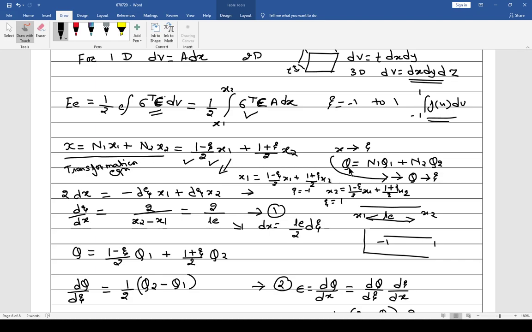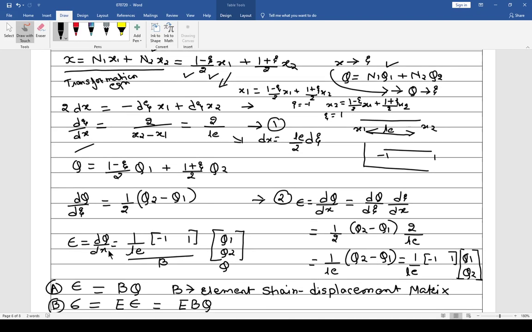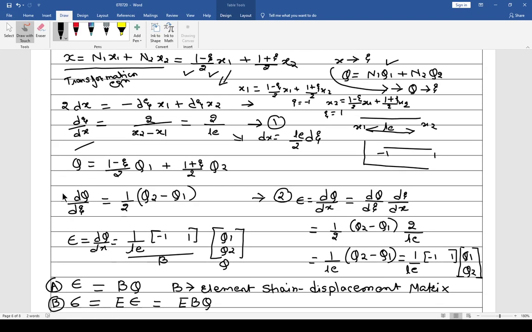We form my displacement equation. So this is my displacement equation, my transformation equation, and then the ultimate aim is to find dq by d xi by establishing a relationship between x, xi and q.